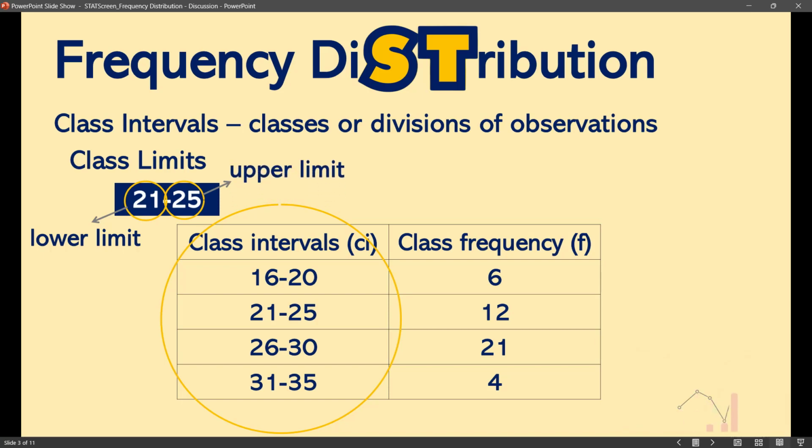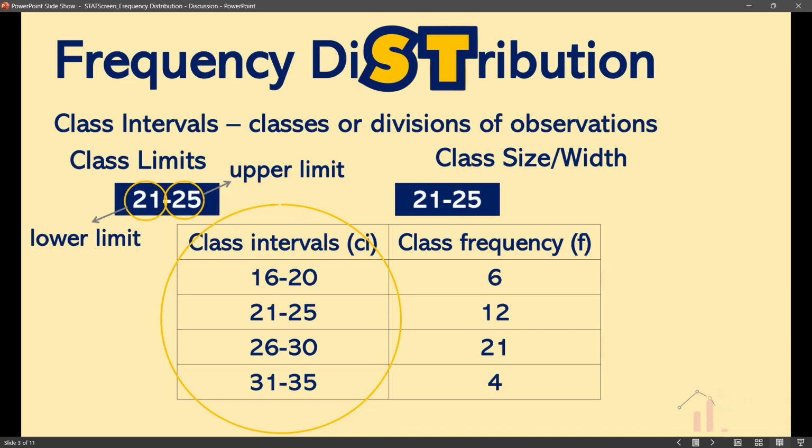Now, aside from class limits per class interval, you can also determine the class size or class width per class interval. But the class size and class width is constant all throughout class intervals. So using the same class interval 21 to 25, we can simply count the number of observations belonging in each class interval.